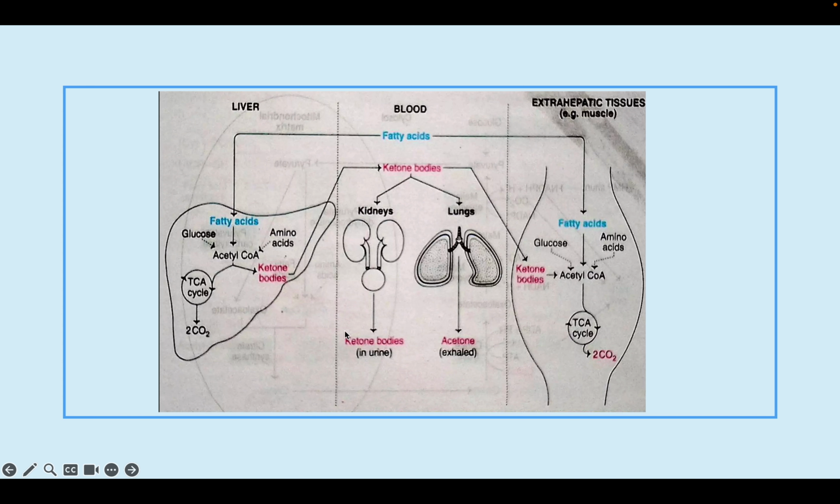You will see it either in the urine or from their smell. Or the ketone bodies can go to other tissues like muscles, where ketone bodies are not produced, and there they can be broken down to release acetyl coenzyme A, which goes further into the TCA cycle and releases energy. So this process is very important as an energy source during starvation condition.